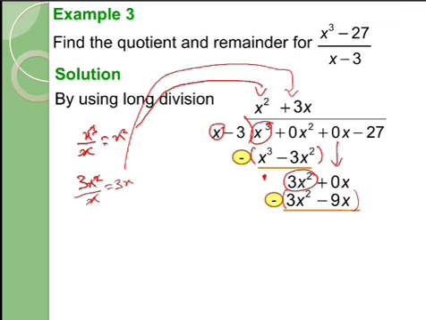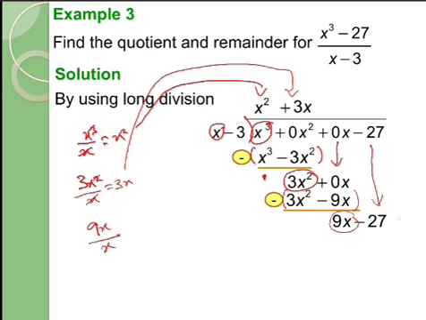3x squared minus 3x squared is 0. 0 minus negative 9x is positive 9x. And then bring the last term downwards. So now we want to eliminate the first term, which is 9x, divided with the x term. So take notice that here we have reached a linear remainder. But why don't we stop here?